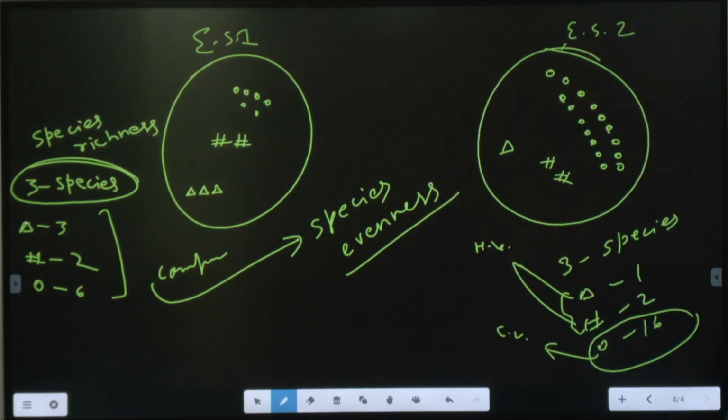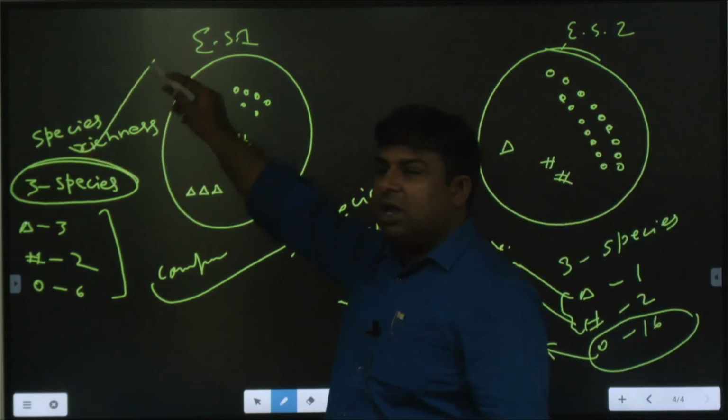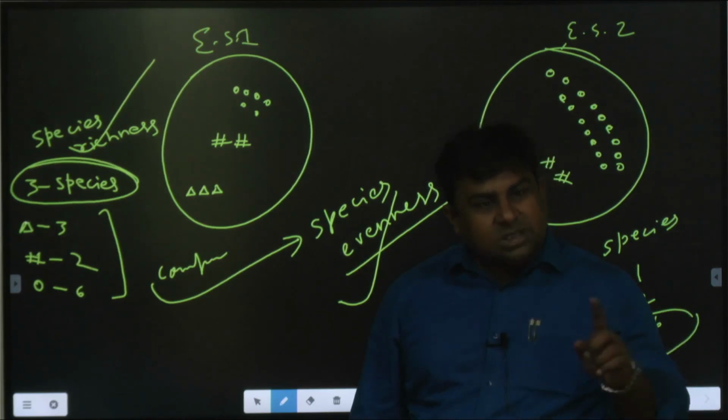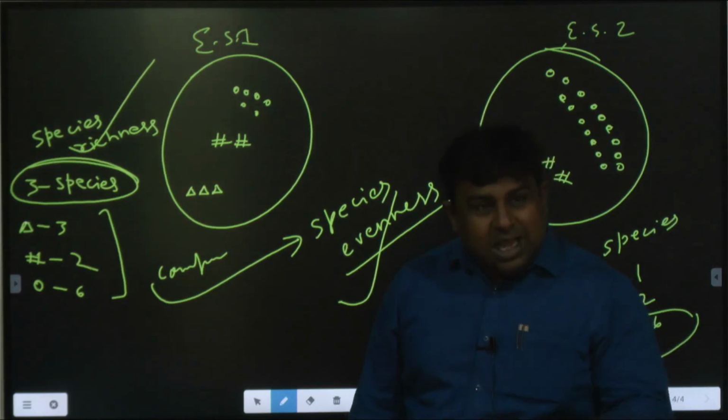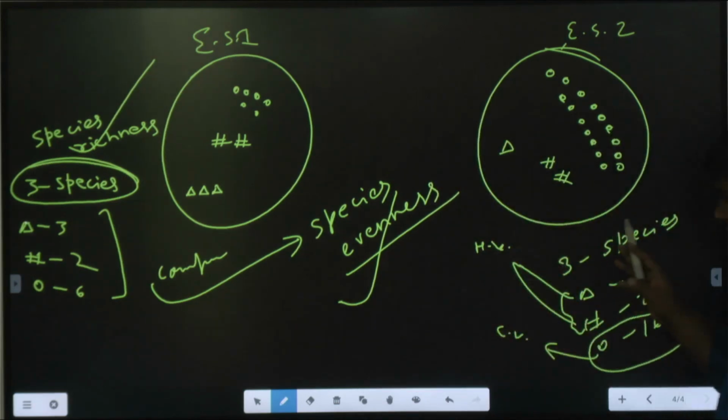So for supporting high level of biodiversity in any ecosystem or location, these 2 criteria must be satisfied simultaneously. There should be species richness as well as species evenness. What is your conclusion for second ecosystem?